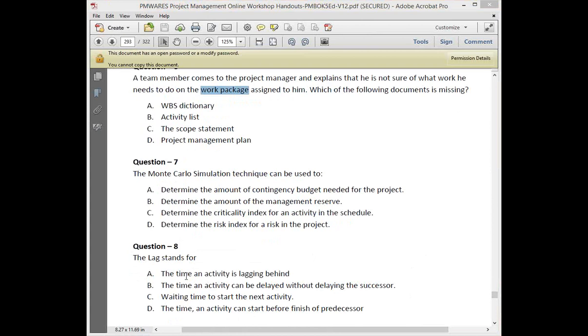You are talking about a lead, right? This is not a lead. Okay, lead. Oh, yes, sorry. Waiting time to start the next activity. Okay, fine. The definition itself.